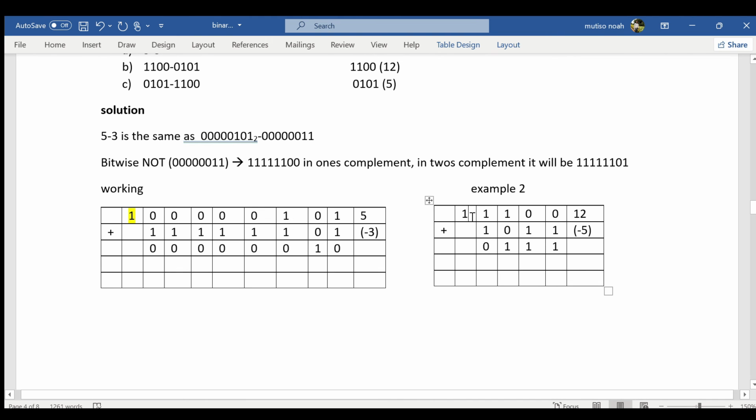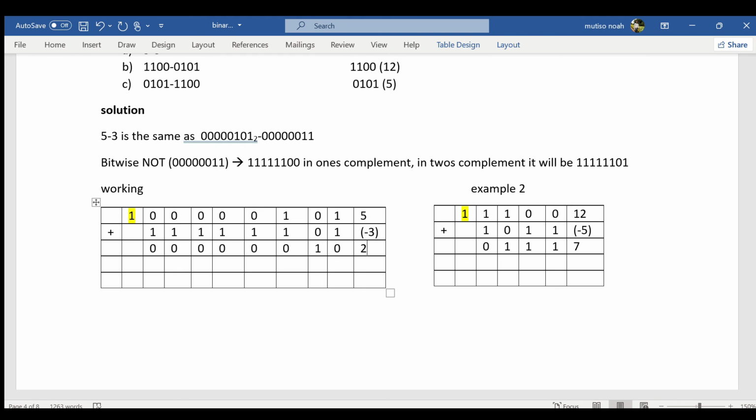If we are using 2's complement, we are supposed to neglect it, and this is like 7, so we got the correct result, and this is like 2. We got the correct answers there. You don't need to add that 1 back to the result.